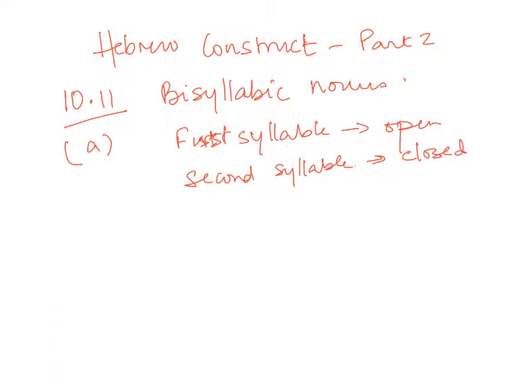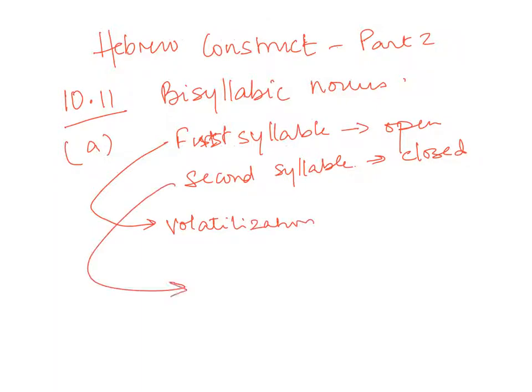will form the singular construct by volatilizing the vowel of the first syllable and shortening the vowel of the second. So volatilization will take place in the first syllable because it's open, and there is going to be a shortening of the vowel in the closed syllable.